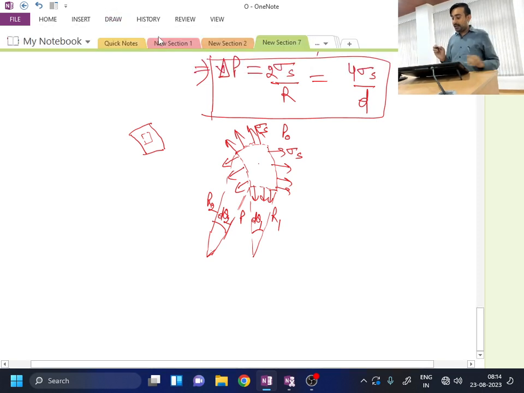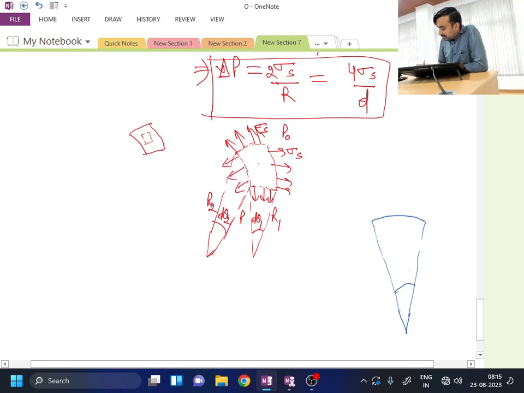Now if I have to quantify the magnitude of these forces, what will happen? I have one curvature like this, whose angle is d theta 1 and radius is r1.